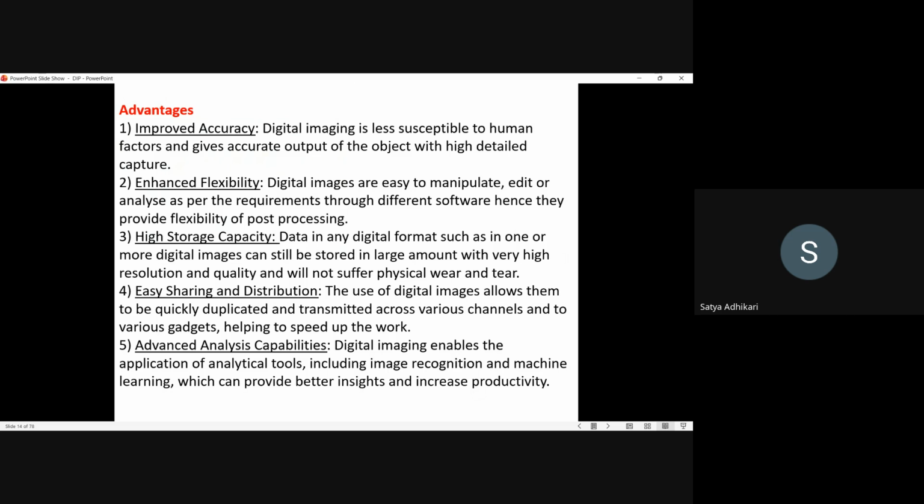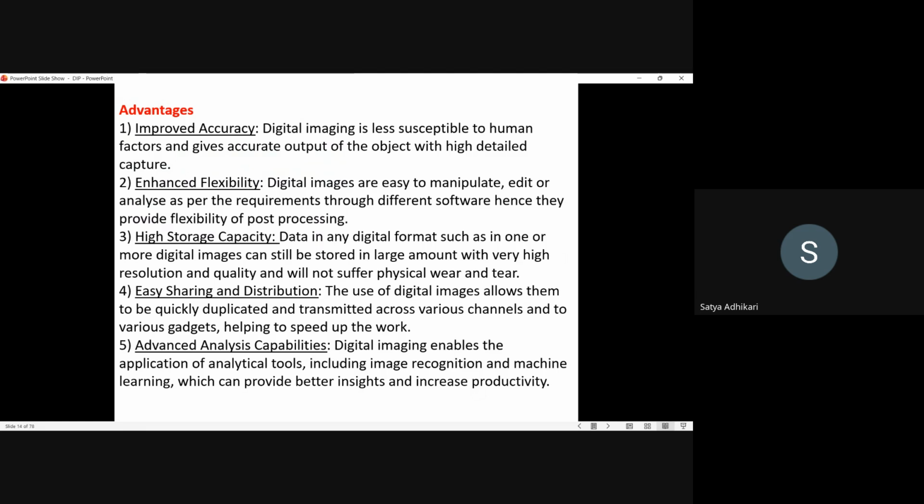So the digital image is more flexible for different software used to manipulate it, edit it, and also apply different processing techniques. That is why the digital image is suitable for this purpose. High storage capacity.